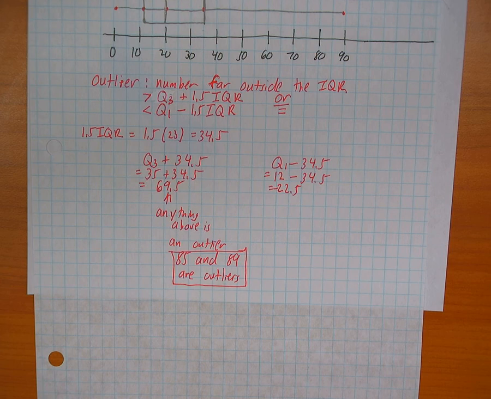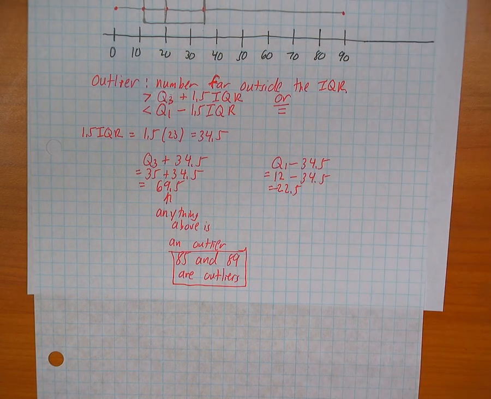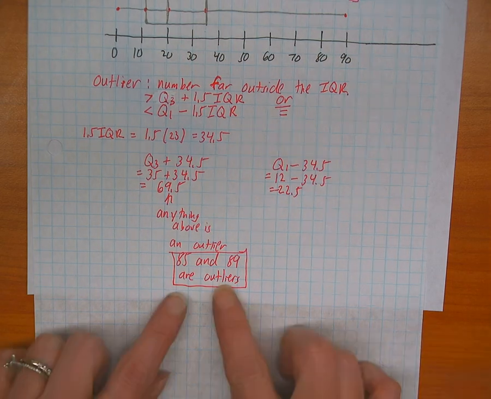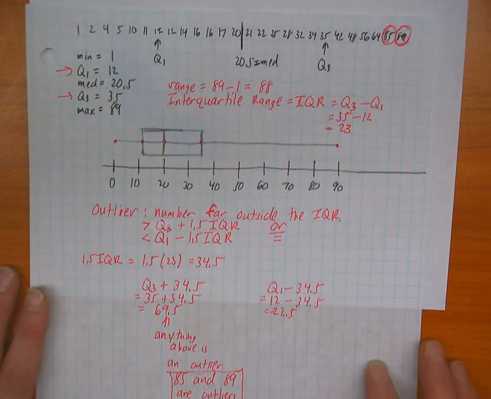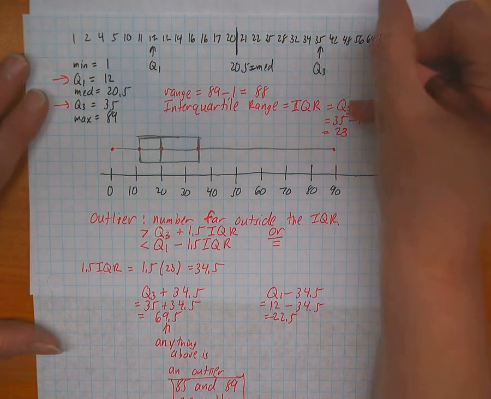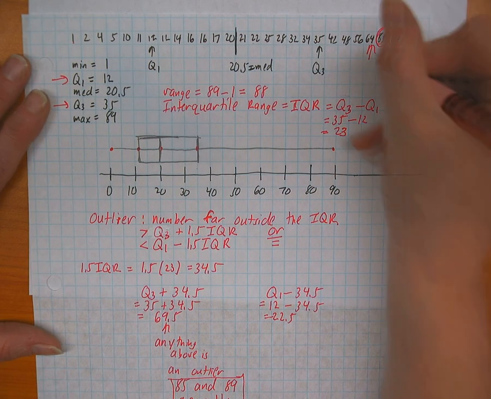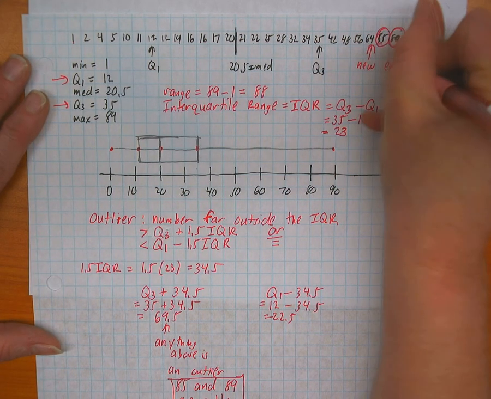So how do you deal with those outliers? You may have noticed one of the graphs. Oh no, it doesn't show it. Never mind. I thought one of the graphs had an example of that. How you show outliers on your box and whisker is you actually now make your whisker end at the last number that's not an outlier. So this is the new end of our whisker.